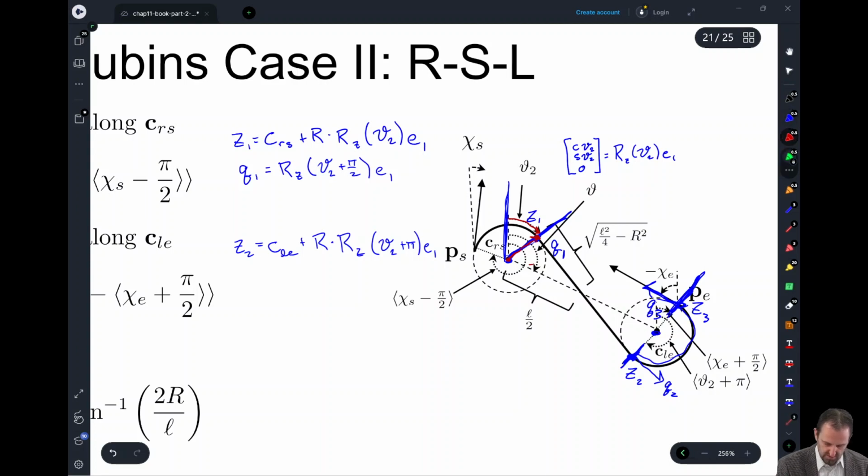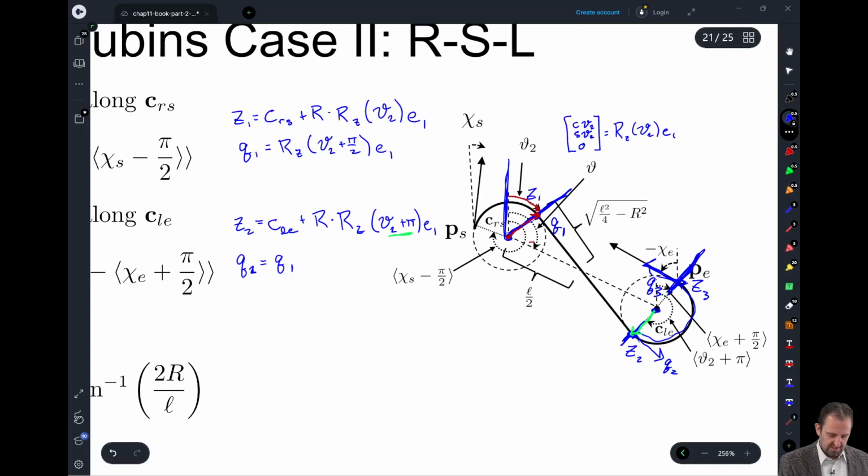So let me draw this up in green. Opposite direction than we had before. So that's where this plus pi comes into play. Okay, times E1. And then we have our Q2, which is nicely defined as Q1 because it's pointing in the same direction as Q1 was.